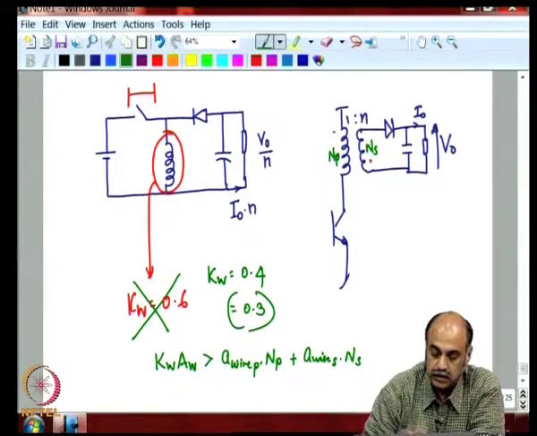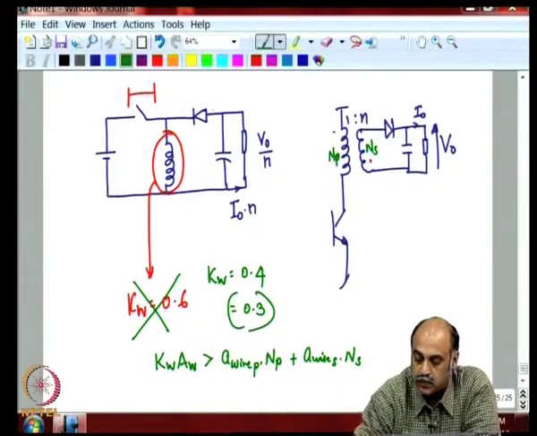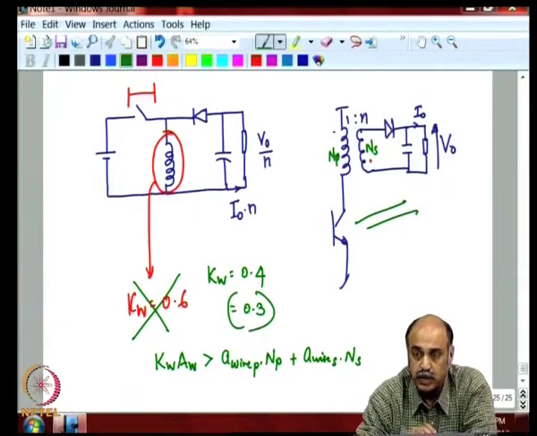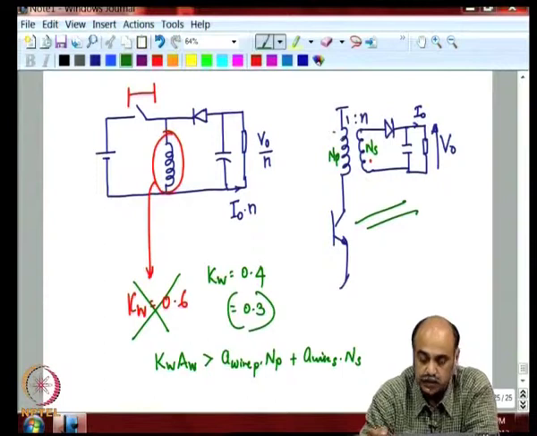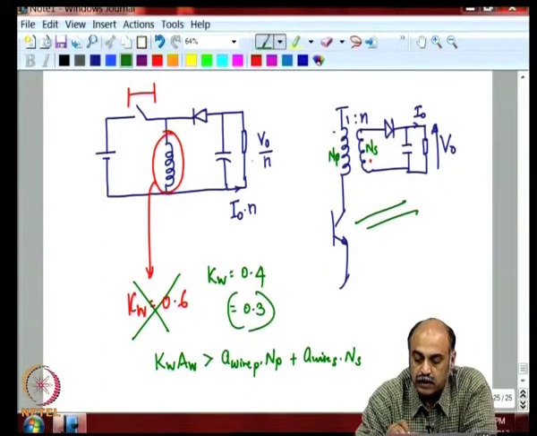So, once that is done and the connections are made according to this, you will get exactly the output that you would have decided, because the 1:n ratio will come and figure in automatically, and you will get V naught here and I naught.